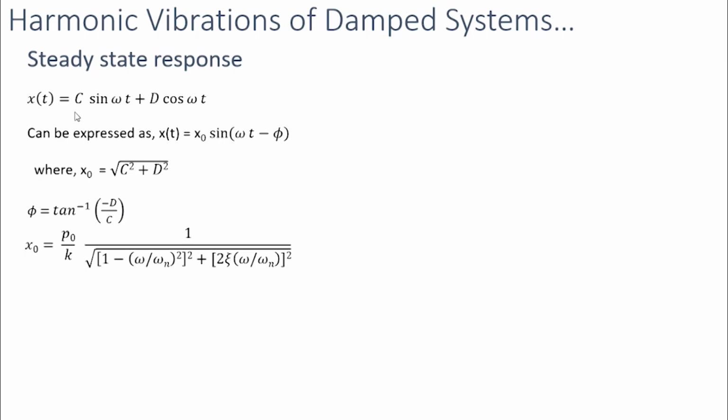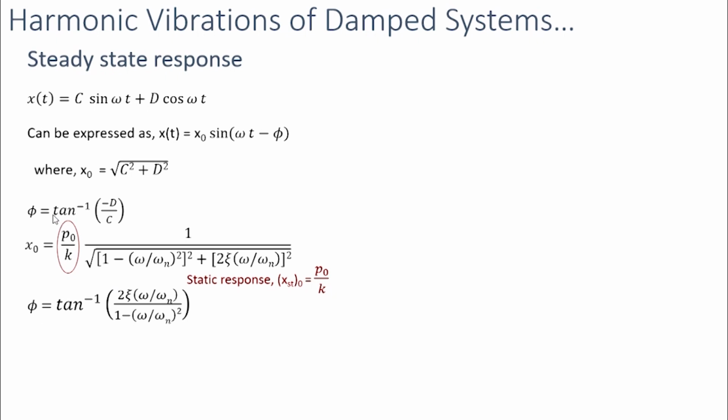So we know the expressions for c and d. Using that, we can calculate the amplitude. It will be equal to P naught by K multiplied by 1 by square root of, 1 minus frequency ratio square, the whole square, plus 2 zeta frequency ratio, the whole square. So we have seen that this P naught by K is equal to the static response, and this is a multiplication factor by which the amplitude of this response amplifies or decreases.